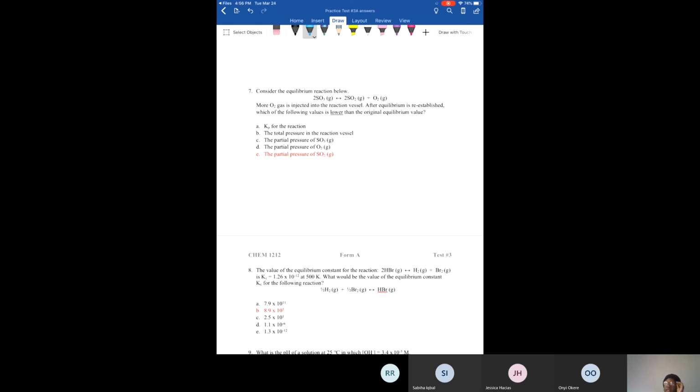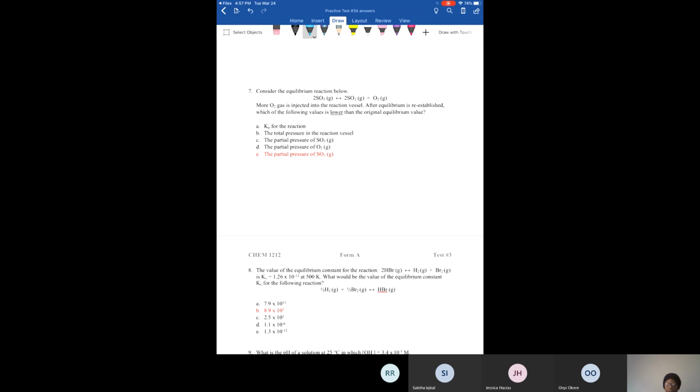The difference, or what's going to change, is your SO2 concentration, because some of the SO2 is going to have to react with the added O2 to form SO3, but you didn't add any SO2 into there. You only added O2. So because it has to react with O2 in order to form more product, or reactant, sorry, it's going to decrease.